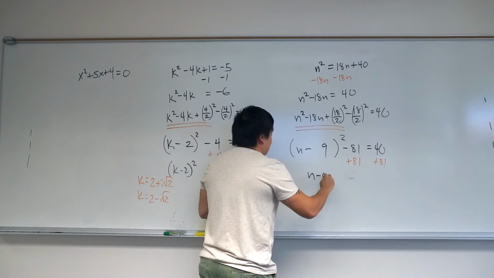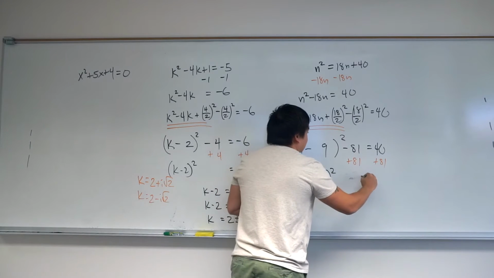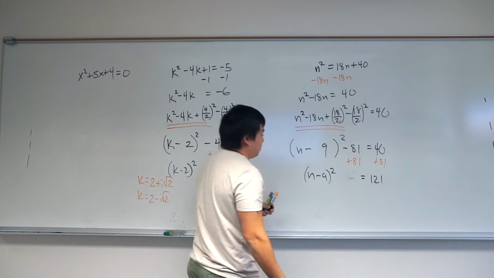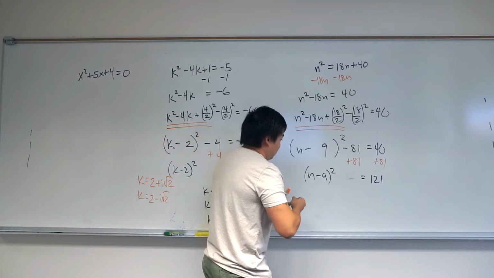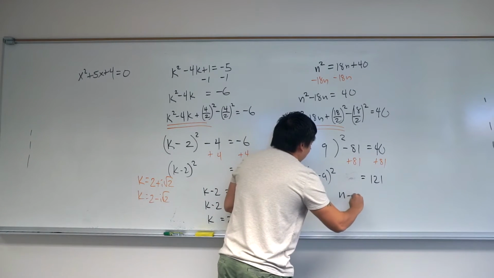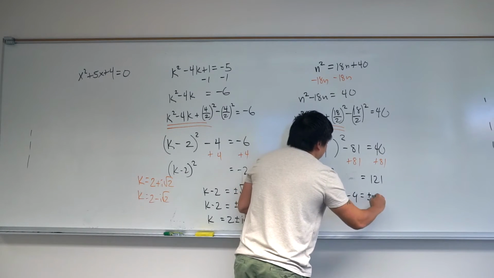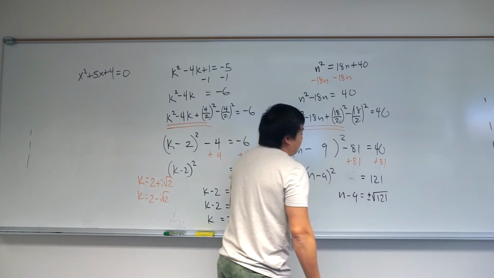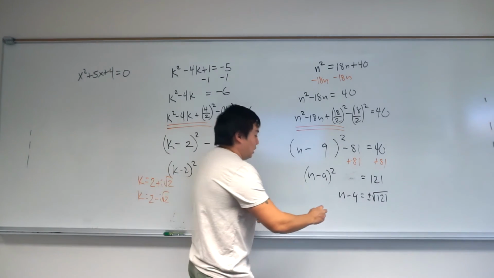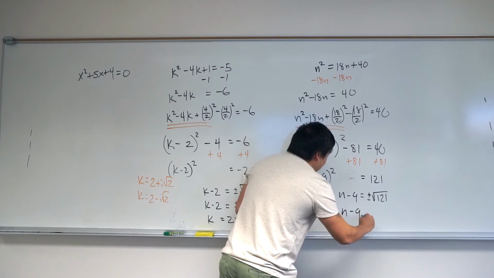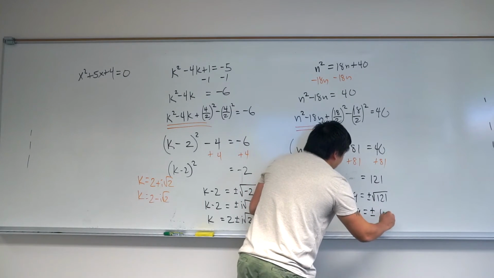So n minus 9 squared is equal to 121. The square root on both sides will give you n minus 9 is equal to plus or minus the square root of 121. The square root of 121 is 11. So n minus 9 is equal to plus or minus 11.